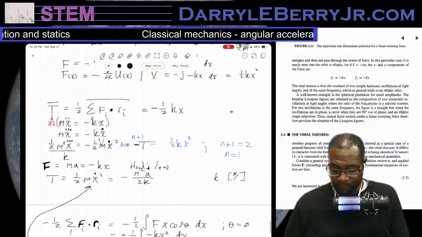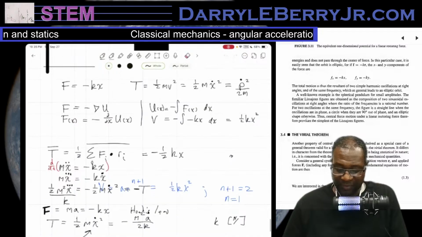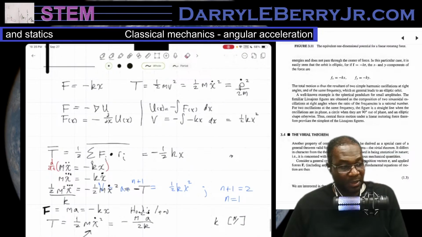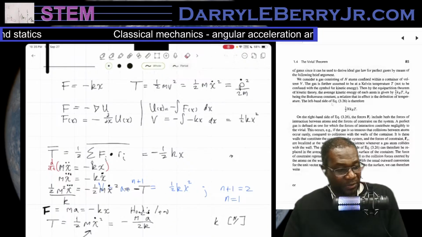So from what I got from my professor, let me copy the Virial theorem down again. I'll get it directly from the book.